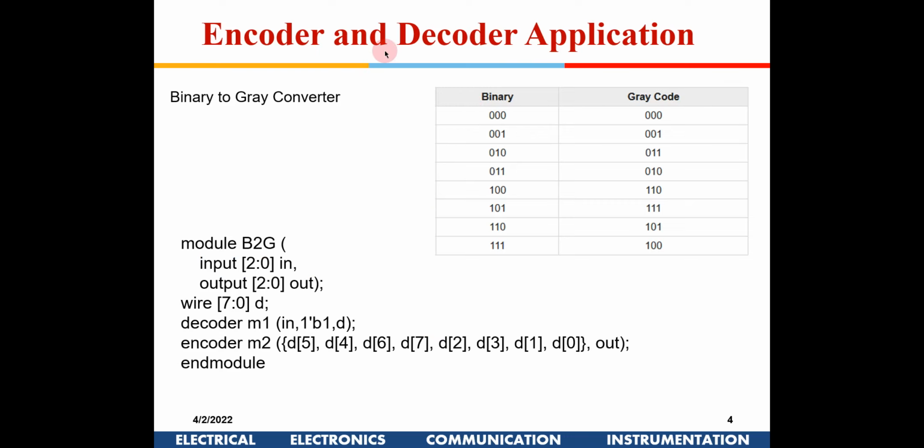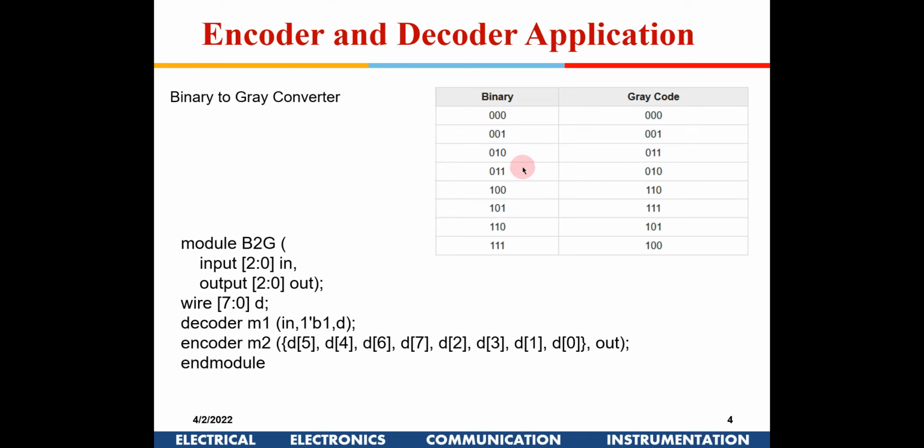If you take an application of encoder and decoder, say a binary to gray converter, if you see binary 000, the gray code will be 000. For 001, the gray code will be 001. Then for 010, in the gray code only one bit changes at each step, so this bit has changed here, and then it comes to 100.